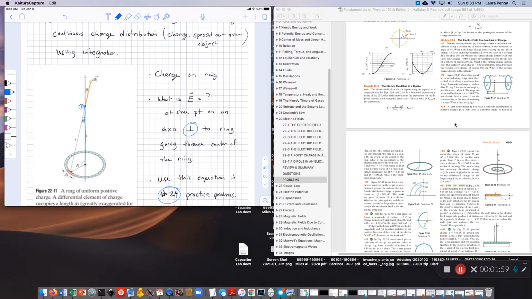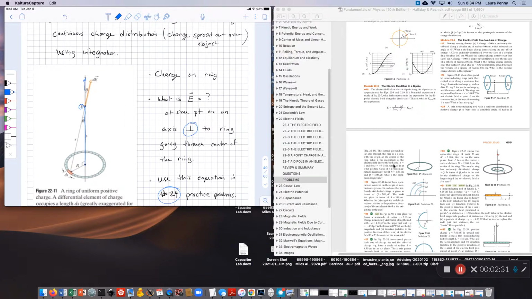I'm just going to show it to you so you realize this is how these equations come about, and how every single point where you might try to find the electric field essentially has to have its own derivation. Here we could use this equation for any point on this z-axis, but it basically has to be on this very specific axis.